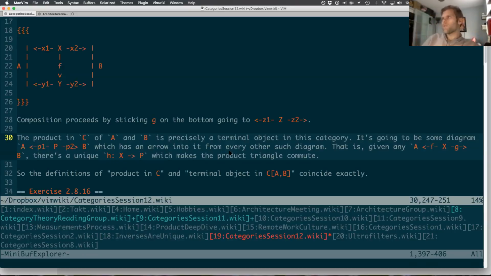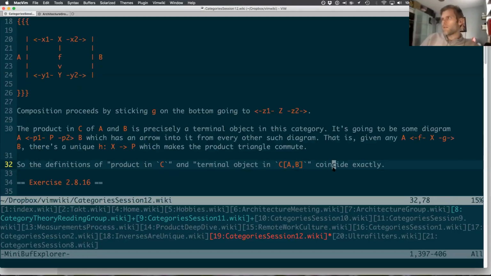That is, the commutative diagram for the terminal object in this C sub AB category is exactly identical to the product diagram in C. So the definitions of product in C and terminal object in C sub AB exactly coincide. So then C sub AB has a terminal object exactly when A and B have a product in C.